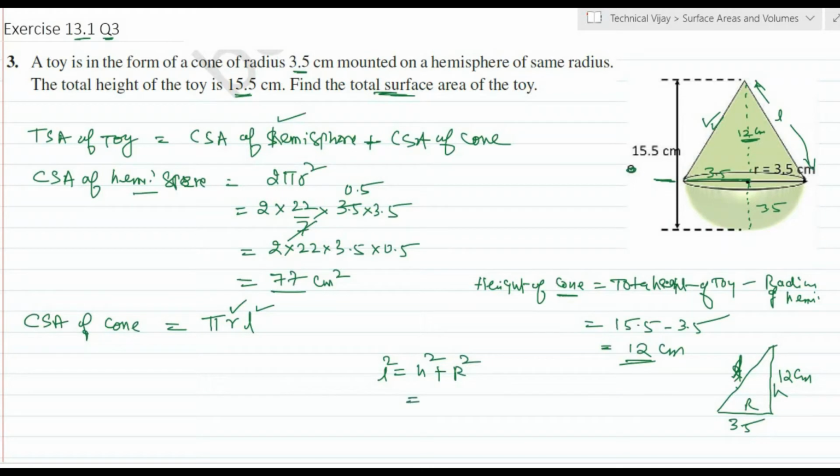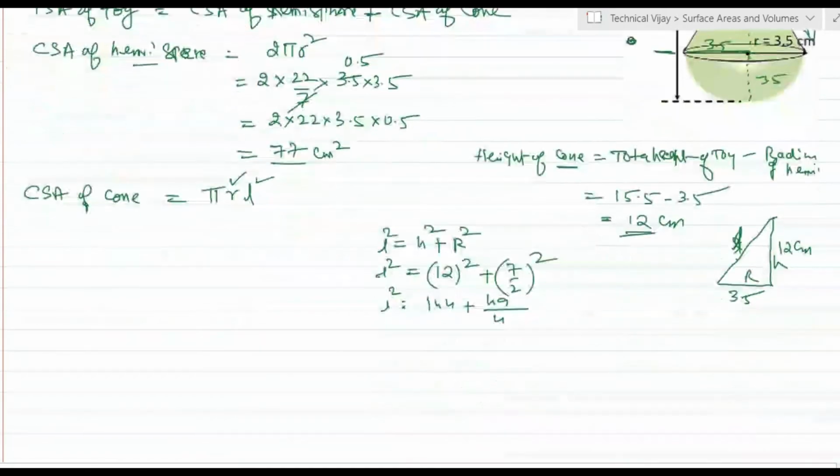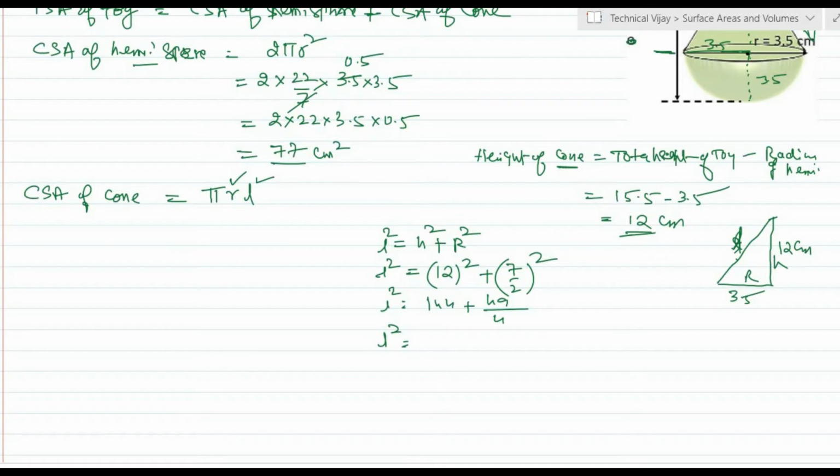Here h means height, that is 12 square. The radius is 3.5, which we can write as 7 by 2. So l square is equal to 144 plus 49 by 4. Taking the LCM, 4 times 144 is 576, plus 49, so l square is 625 by 4.